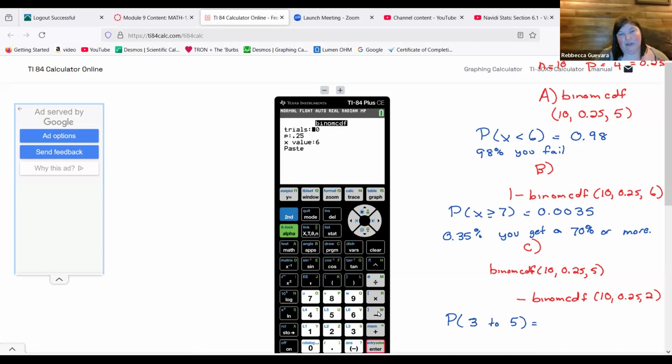Binomial CDF. We got 10 trials, probability 0.25. And instead of having 6 here, we put 5 because we're going to figure out, all right, what's the probability of 5 or less? And the probability of 5 or less is going to be 0.98. Oh, same thing as we got up here. So we get that 5 or less.